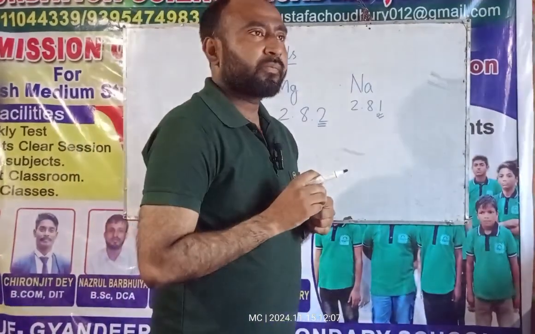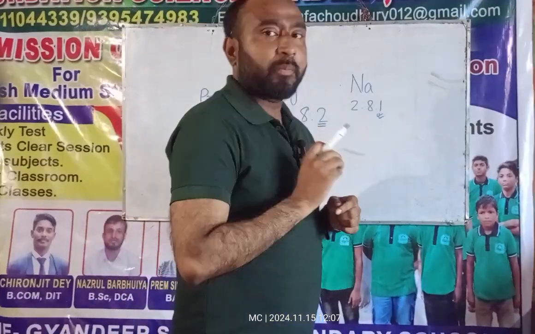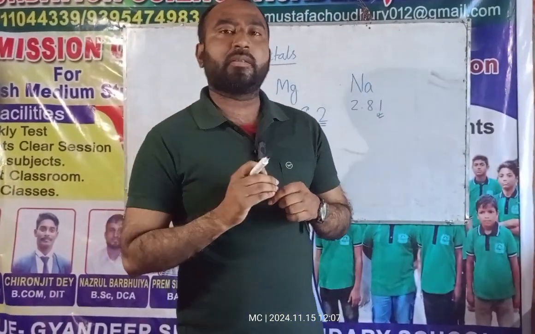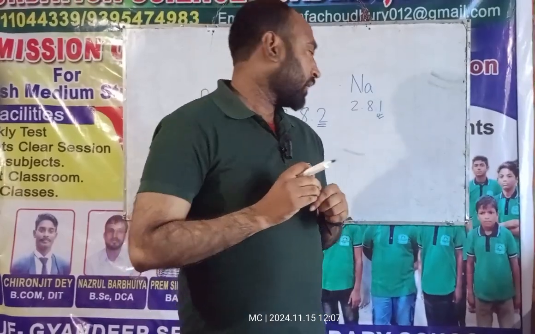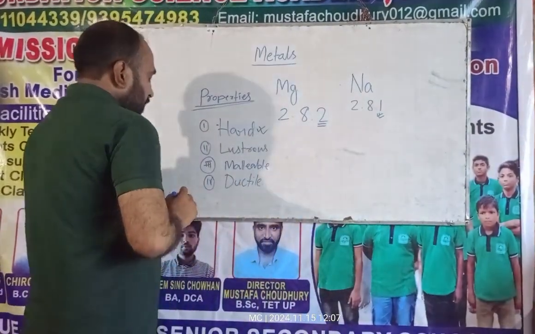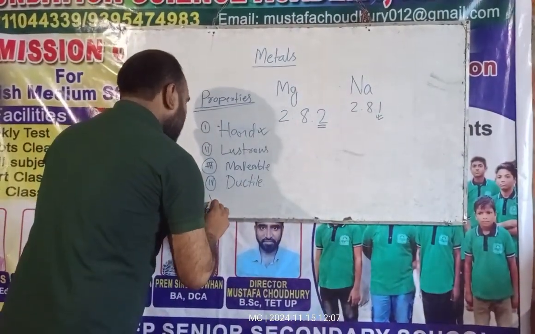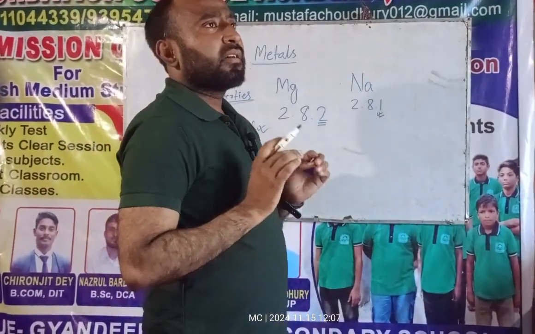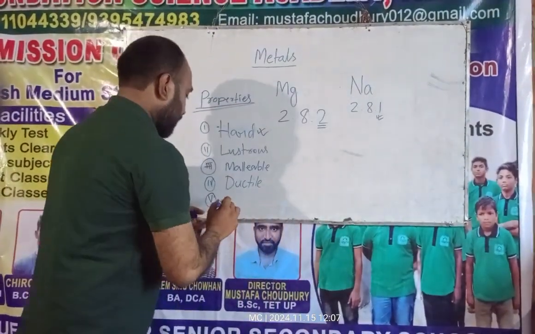Ductile means that due to this property we can make a wire. The fifth property is that metals have a high melting point.